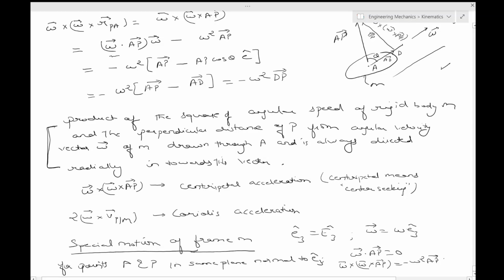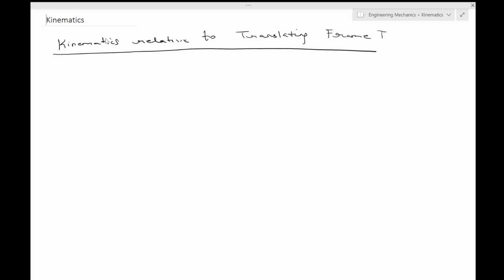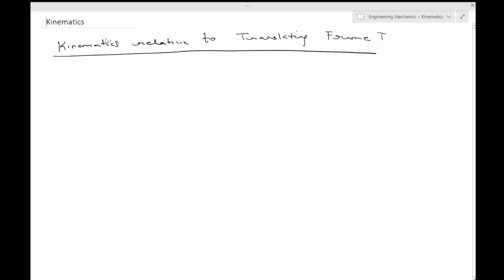Okay, so we'll continue later with the kinematics related to translation frame T. We can move ahead and discuss the kinematics relative to a translating frame T. So if you have a frame T which translates with respect to the frame F, that is what we want to consider over here.